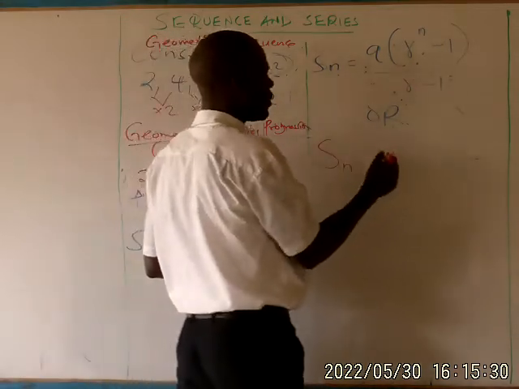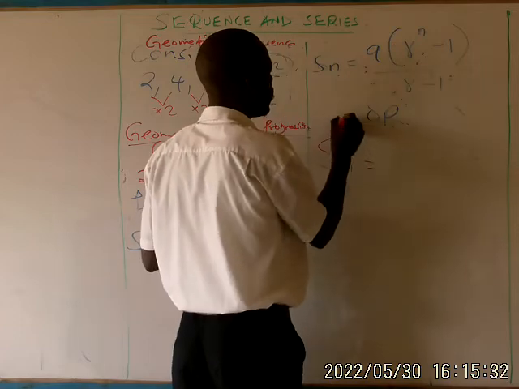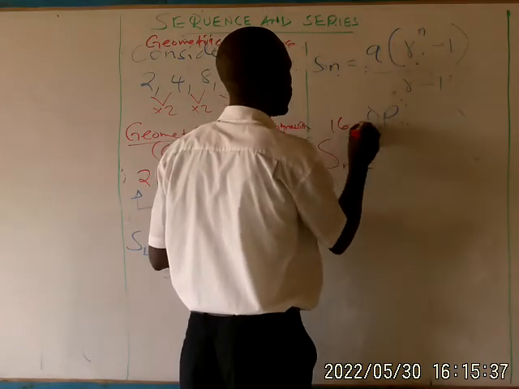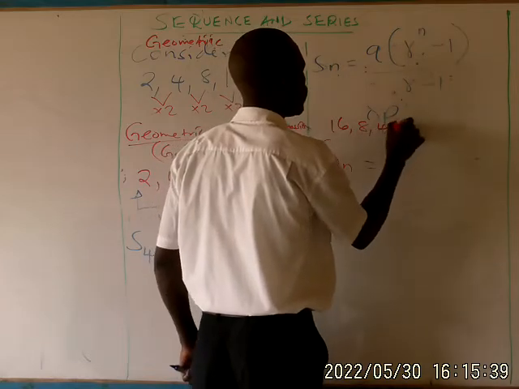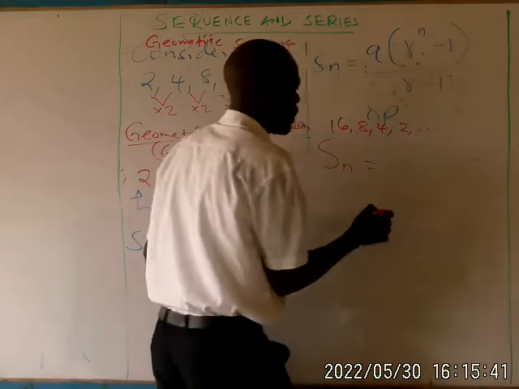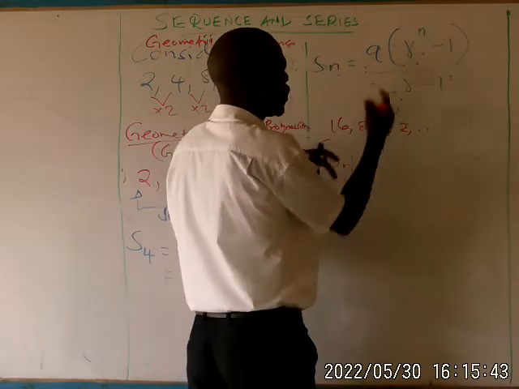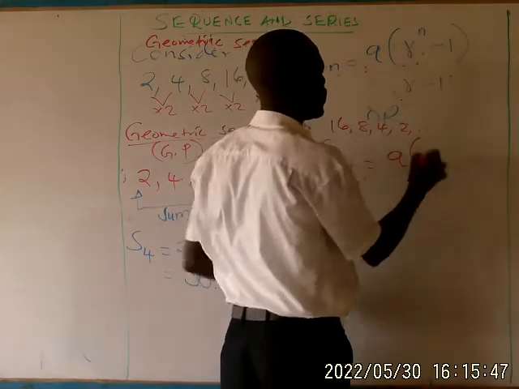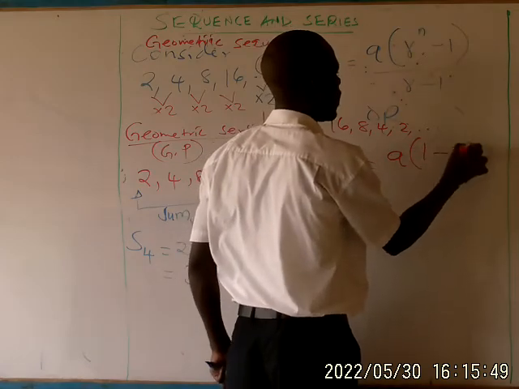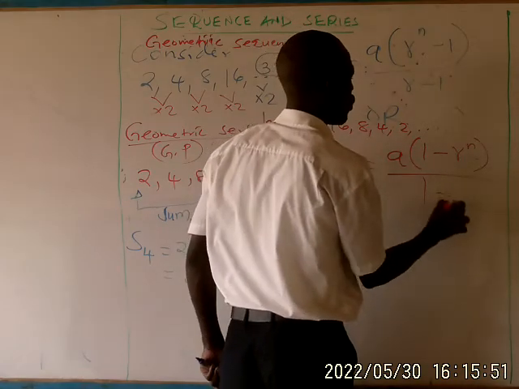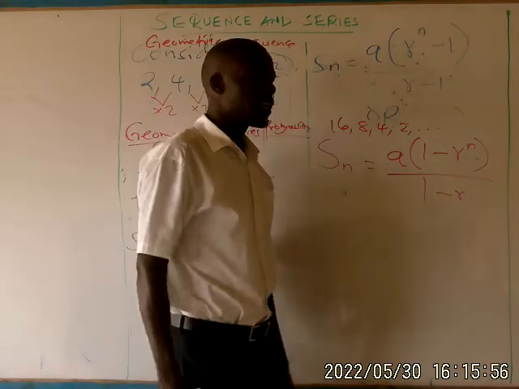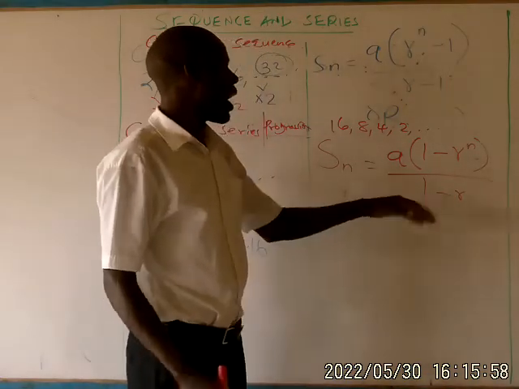For example, 16, 8, then followed by 4, 2, you continue. If this is the sequence you are using, you can apply the same formula, where we just interchange to a(1 minus r^n) over 1 minus r, and that's what you can apply and get that one.